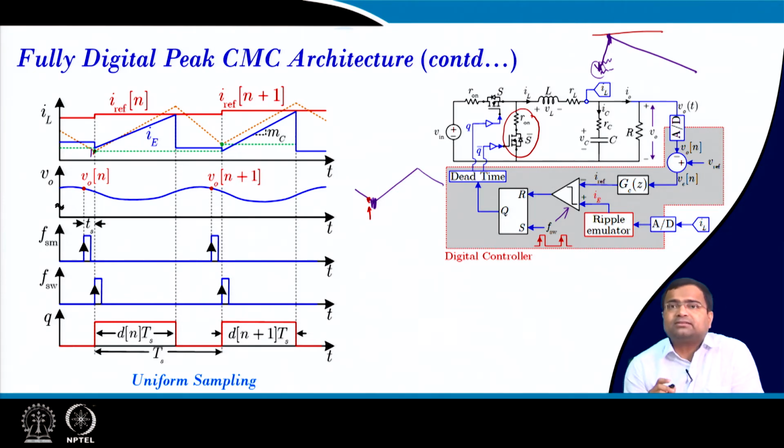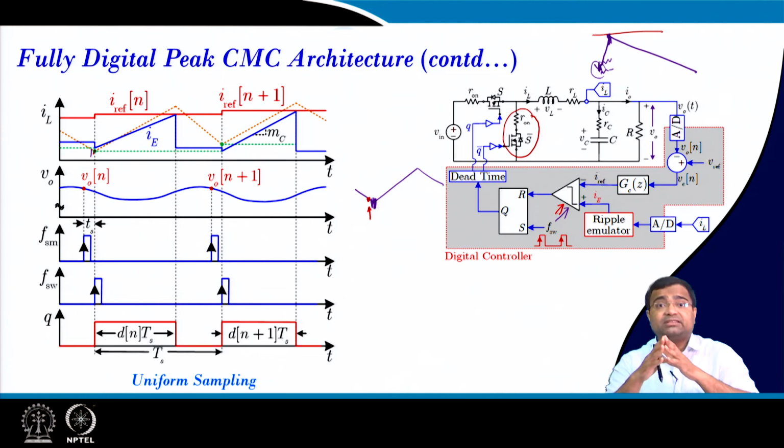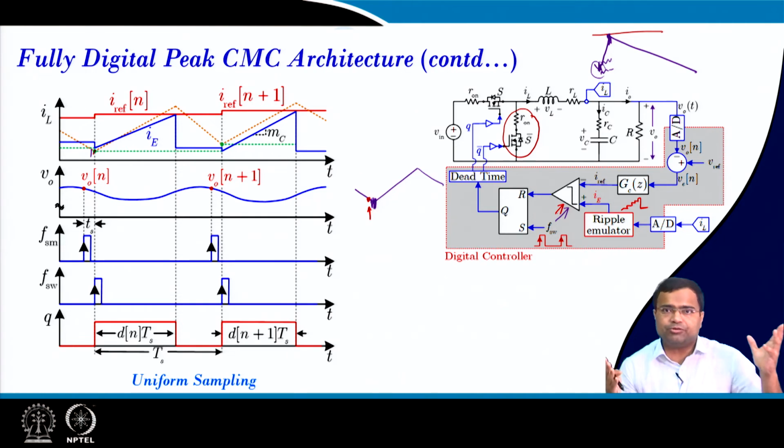So, we can avoid such switching noise, and since inside the controller it is noise insensitive, and our digital sawtooth is already very fast, because we have discussed various architectures of the ramp, this emulation ramp, and the comparator means just a subtractor, you can make this operation extremely fast, and you can actually realize peak current mode control even for low duty ratio operation. So, when you go to digital control, many possibilities which are difficult in analog can be easily realized in digital.